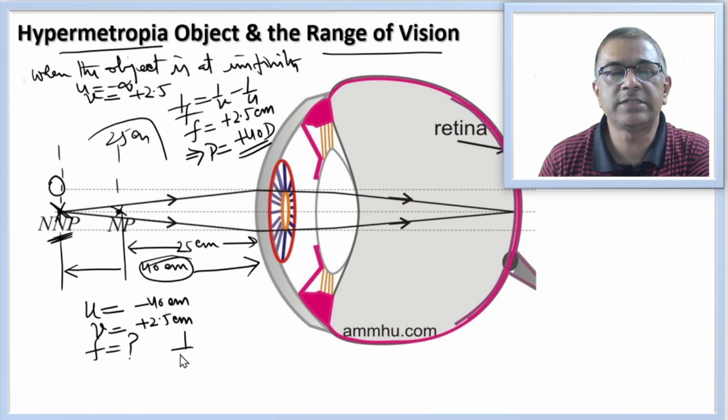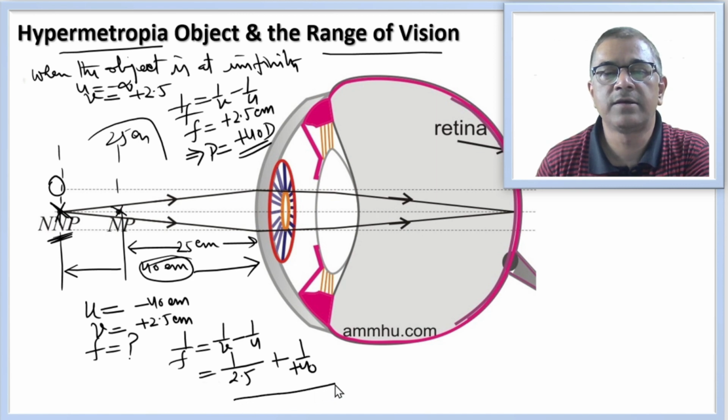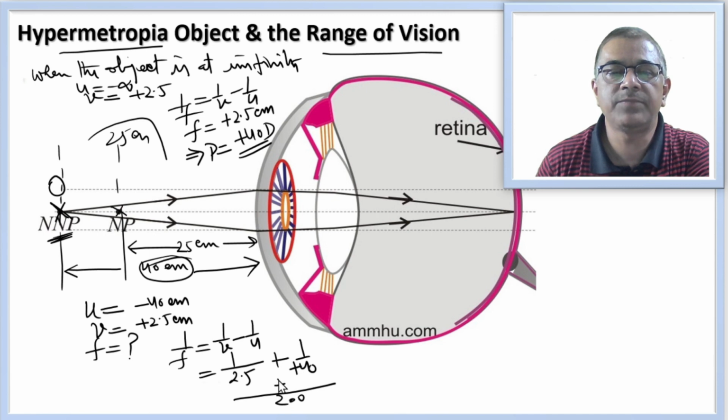So let's use the lens formula. 1 by f is equal to 1 by v minus 1 by u, and this is equal to 1 by 2.5 minus 1 by minus 40, so that will make it plus. Take 200 as LCM. As you take 200 as LCM, this will be 5, and this will be 80, and this will be 80.